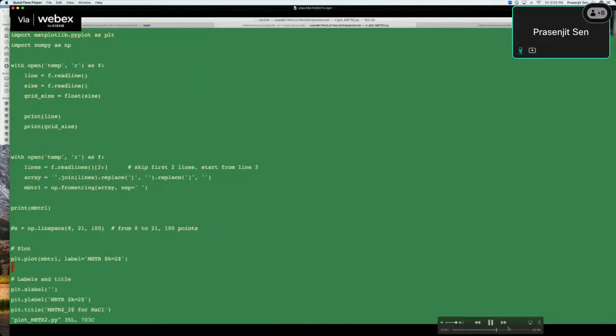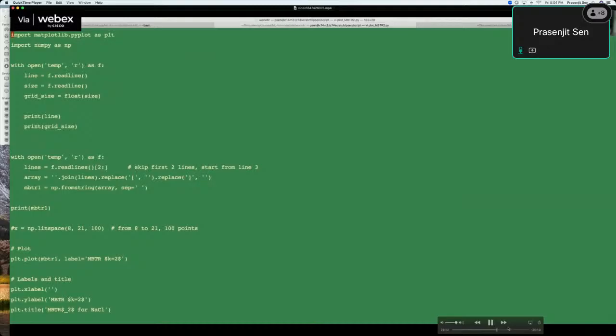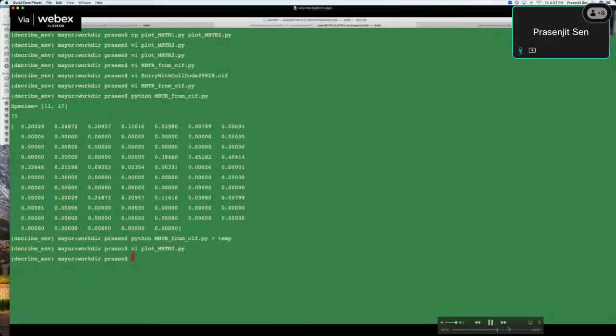You can do it in the same Python script if the versions of Python match, but because for describe, every time I have to fall back onto a lower version of Python, certain other things don't run, so I have to take this two-step approach. This is a simple Python script, which I don't even need to show you, which reads in that temporary file and plots the MBTR for us.